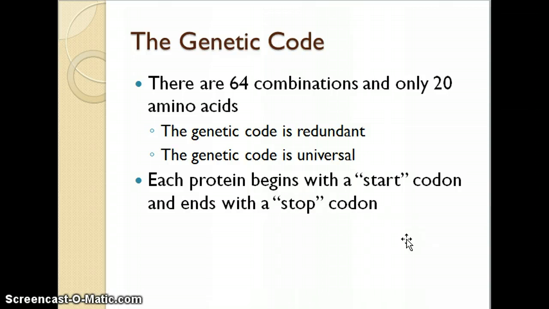If we had a list of codons, we would see the amino acids repeated as we went down the list. And this is really important because if there's a small mutation, it won't necessarily change the amino acid, so it won't change the protein. The genetic code is also universal. The same table of codons and amino acids can be used for any organism. Humans, plants, bacteria, you name it.